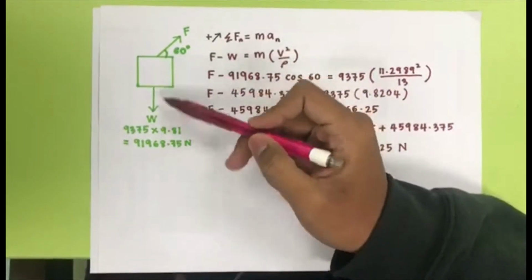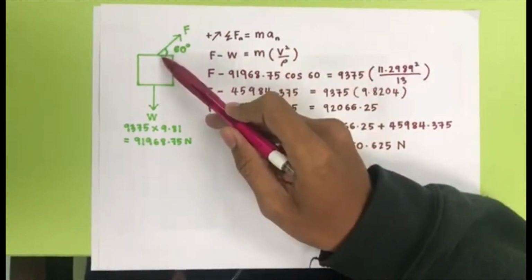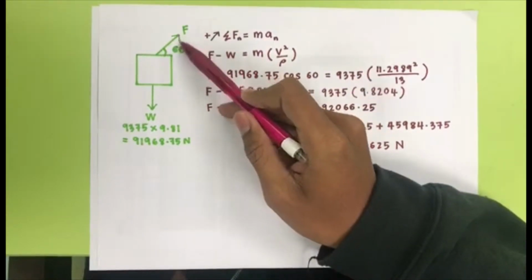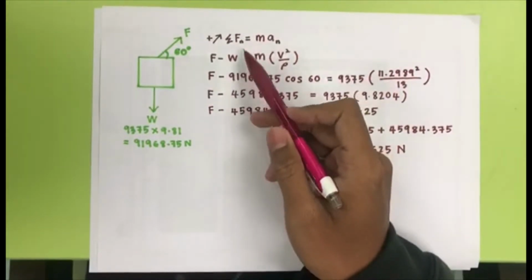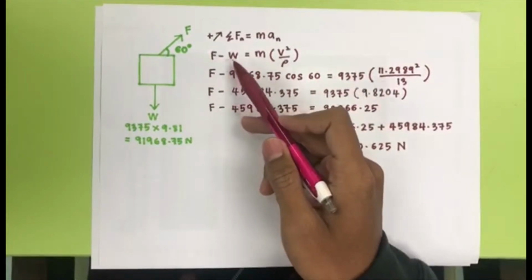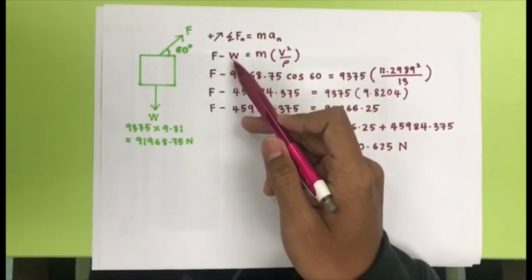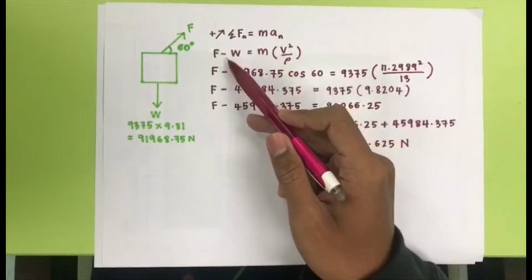As we can see here, the weight is pointing downwards and the force is pointing upward. So for the F component we have F minus W, where the weight is pointing downwards, that's why W is negative.